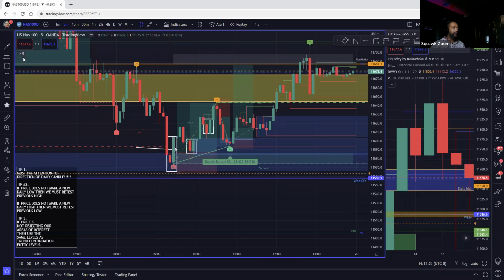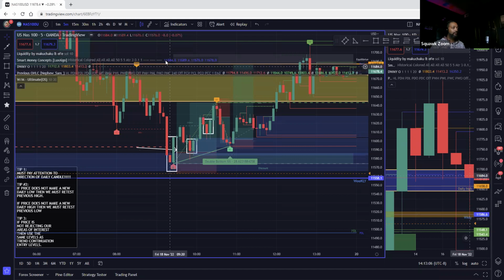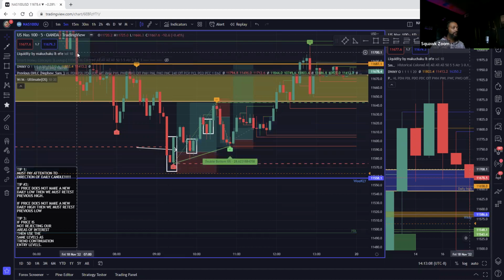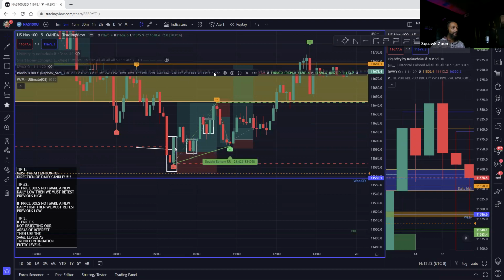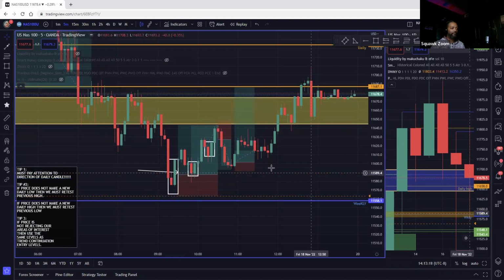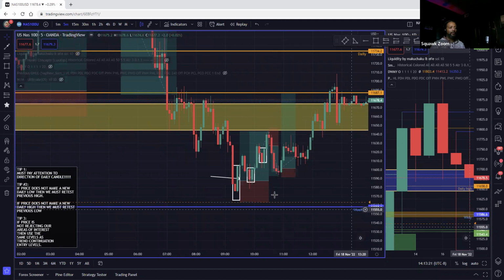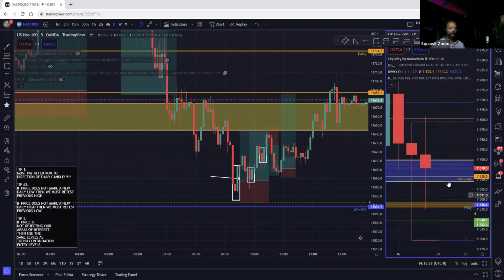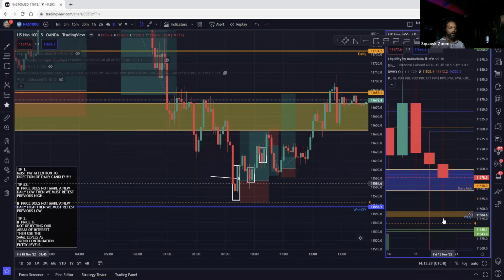Let me hide this. Smart money and liquidation here. I just want to hide this stuff for now, just so you can see it raw. So here we had a weekly level. Close enough, didn't quite come down here, but it was a weekly level. On another markup that I had, you guys have access to this.